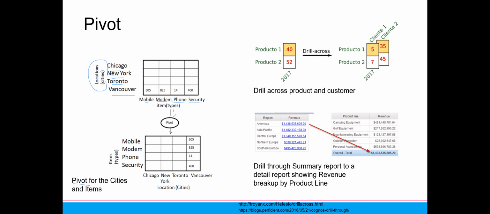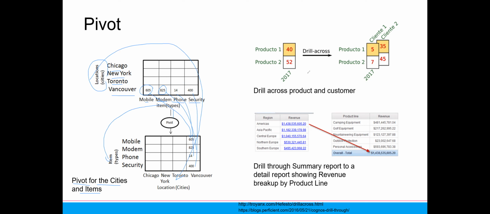Once I pivot it, it is transformed. This city is here and this item is here. So the number 605 will be here, the number 825 will be here, the number 14 will be here, and the number 400 will be here. So this is pivoting for the cities and items.